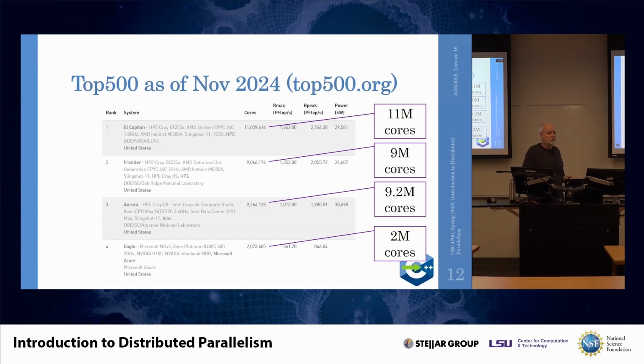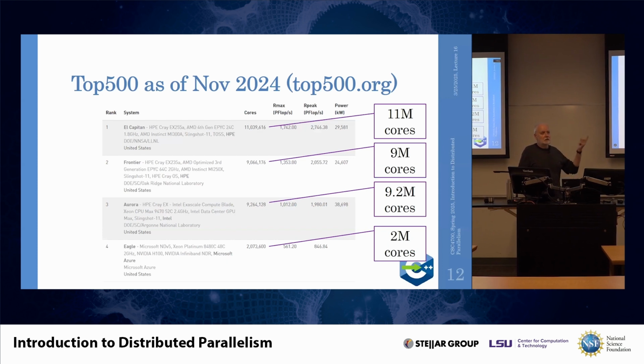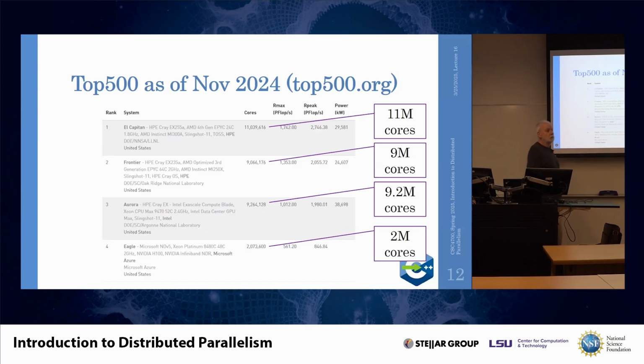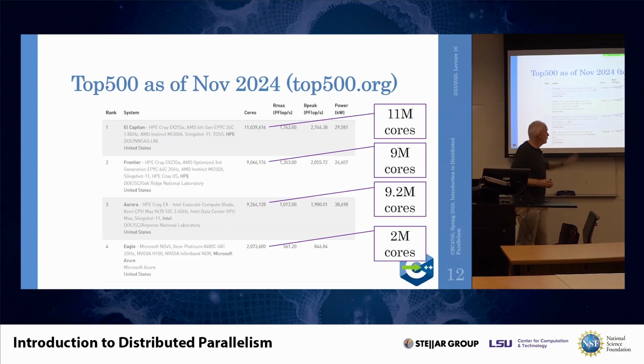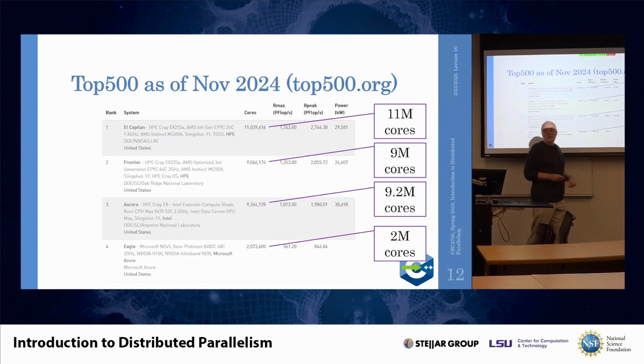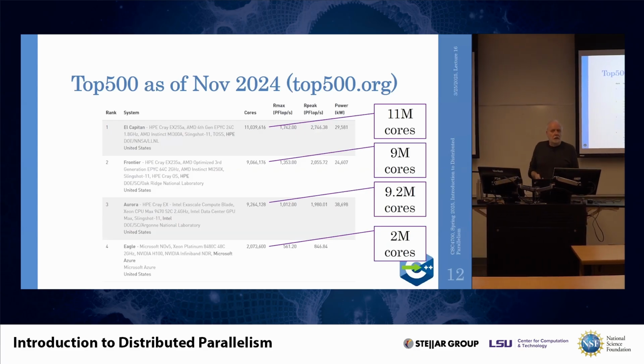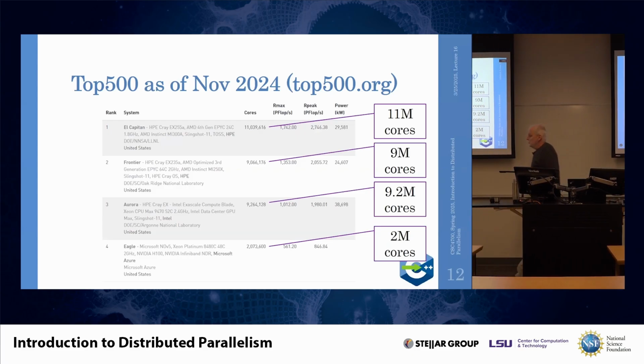Amdahl's law tells us that we have to have 10 to the minus 6 sequential code in our application, and the rest of it, 99.99999%, has to be fully parallelized in order to scale 2 million times on a particular problem. Not achievable.